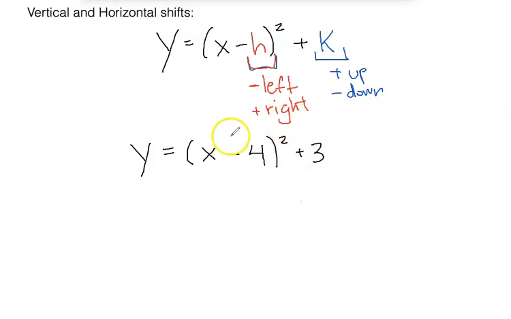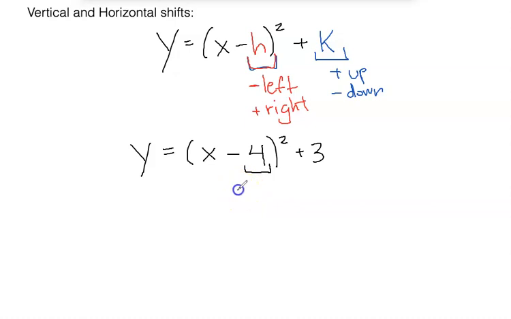Remember, because the equation is written as x minus, we only want to look at the value that comes after it, whether it is positive or negative. Since we have a positive 4, because the negative is built into the original equation, there's not another negative in front of the number, so it's actually positive.